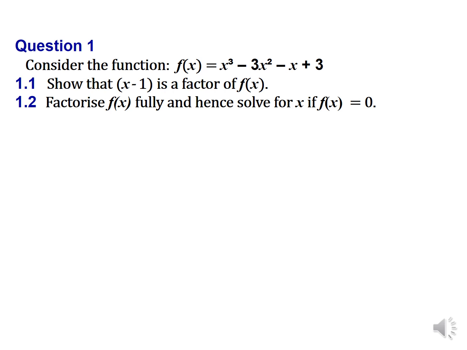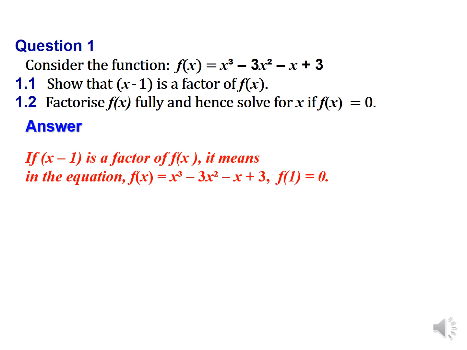Now, x minus 1 is a factor of f of x, and we need to show that. What understanding are we supposed to have for us to be able to do that? So, our answer goes as follows. If x minus 1 is a factor of f of x, it means in the equation given, f of 1 is equal to 0.